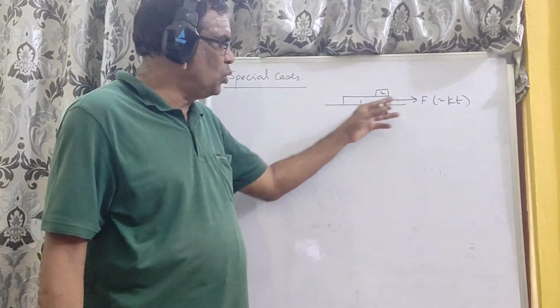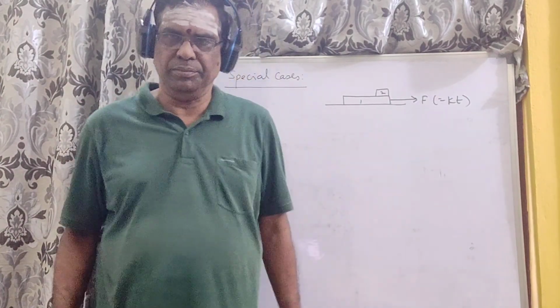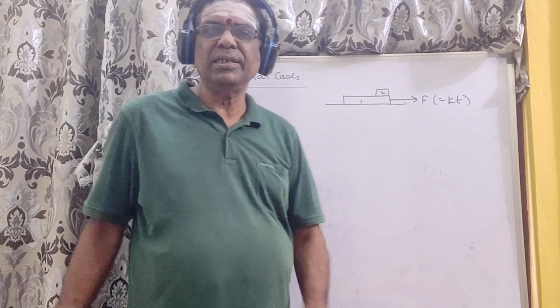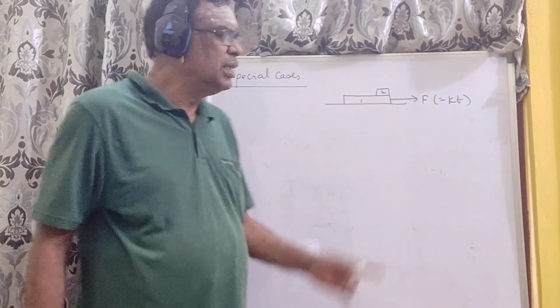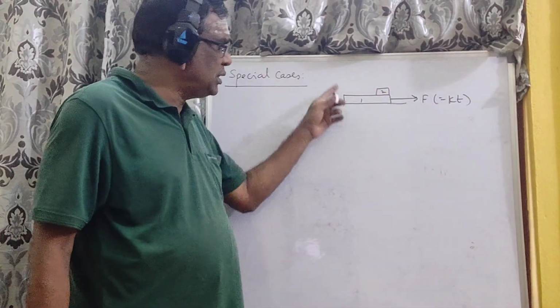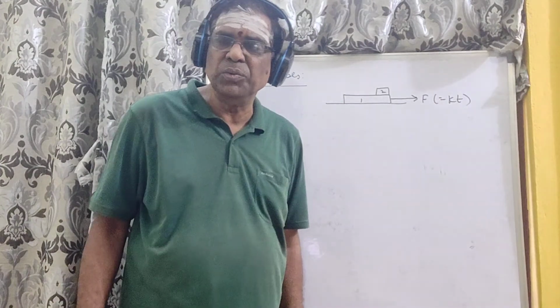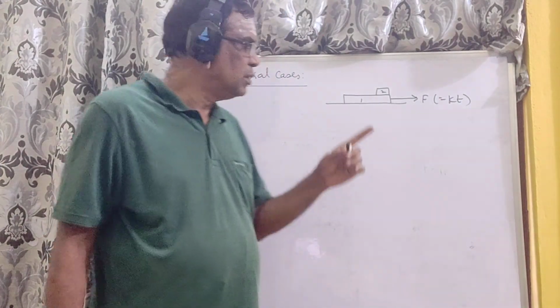Right. Suppose I am increasing my force with the time. Initially, I apply nothing, then 1 Newton, 2 Newtons, 3, 10, 20, 30, 40. At one stage, the whole system begins to move. Very important.